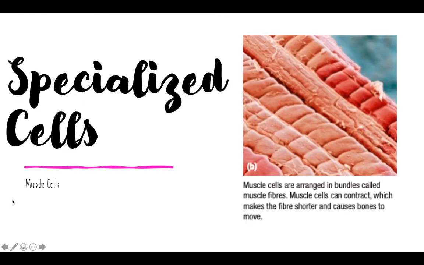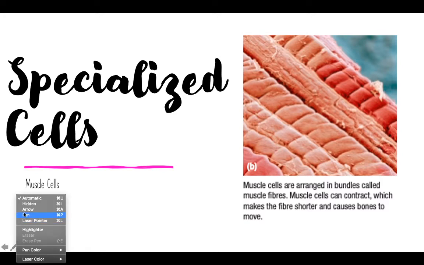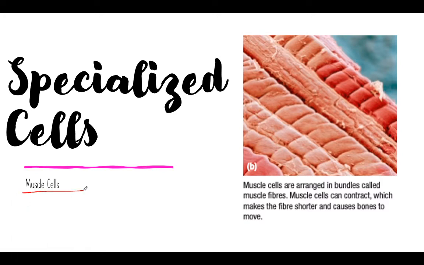So the first type of specialized cells that we're going to be looking at is the muscle cell. In terms of structure and function, muscle cells are arranged in bundles, right? They're called muscle fibers. These cells can contract, they can shorten and expand, right?